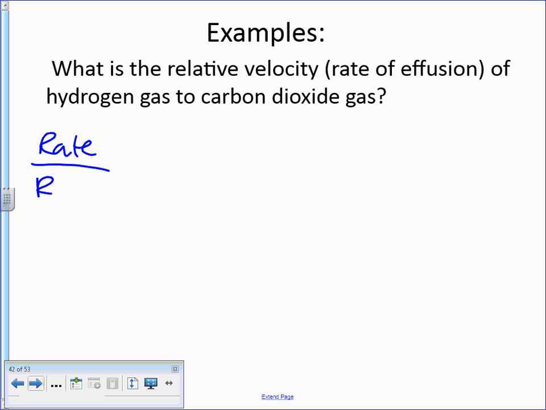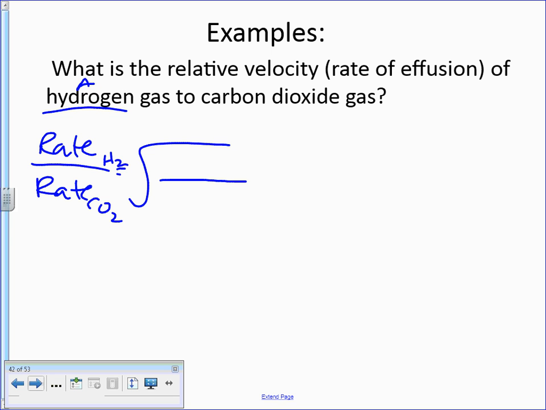Okay, so I want you to tell me who A and B are there. Why is hydrogen A? It's the lighter one, so this one's going to be A, H2 gas, and then B is CO2. So what do I put in the square root? What goes on top?